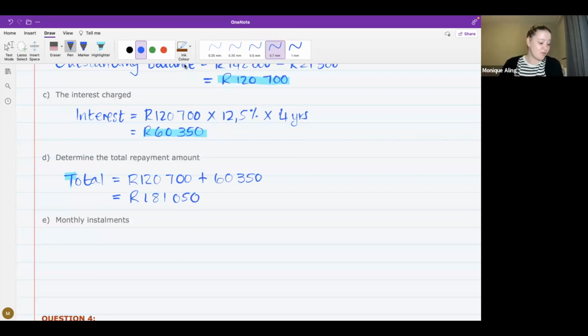So the monthly installments. Okay, just a general formula is your total repayment amount, so the total that you owe after interest has been added, over the number of months.